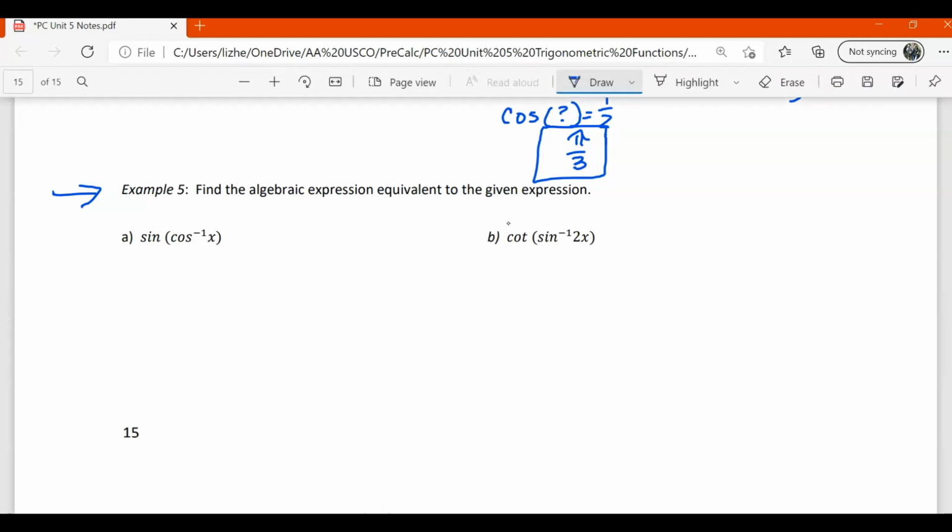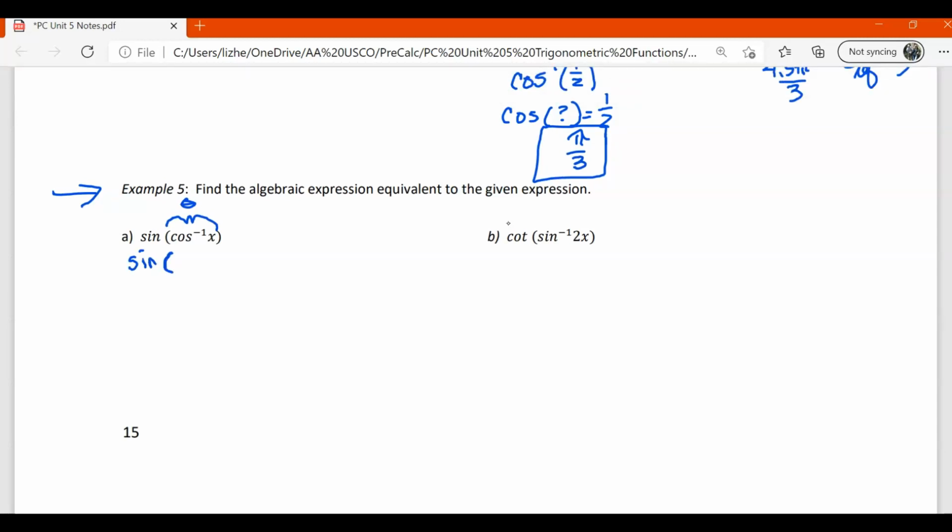These have a variable. And so to solve this, we're going to do it a little differently. We're going to still say, okay, this is my angle right there. What this says is the sine of the cosine of what angle equals x. And so we want the sine of that angle.